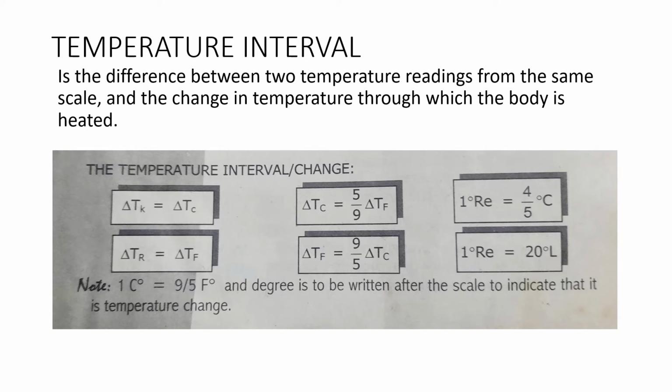Also, change in temperature in Rankine is equal to change in temperature in Fahrenheit. So change in temperature in centigrade is 5/9 times change in temperature in Fahrenheit. Change in temperature in Fahrenheit is 9/5 times change in temperature in degree Celsius.